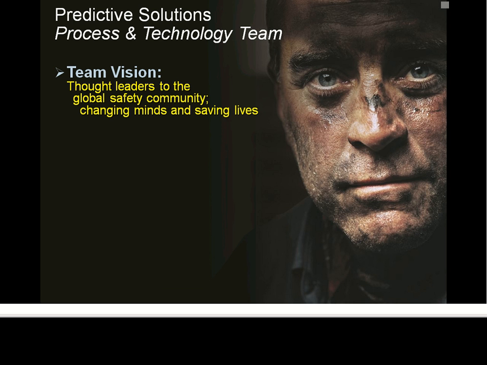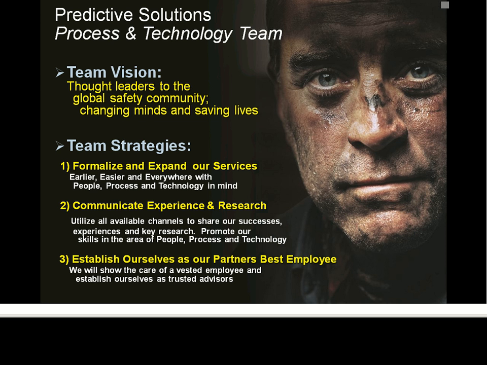And we have 3 strategies to go about doing that. Formalize and expand our services. We are creating new services within our group. Communicate our experience and research, which is why we started doing these webinars. We felt like we have a lot of research, a lot of experience that we wanted to share. And then establish ourselves as our partners' best employees. So we want to try to provide as much value to you as possible.